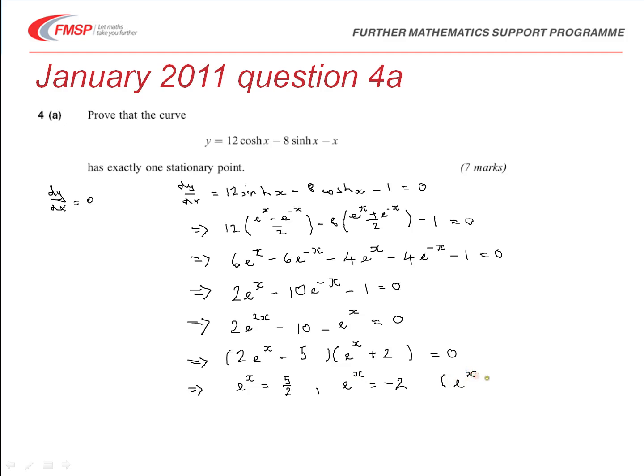You know the shape of the graph, and so this one is not going to give you a solution. It's not possible to be equal to that value. And so we only have one solution, that e to the x equals 5 over 2. So that tells us that x is equal to, well, the inverse of the e function is the natural log, so it's ln of 5 over 2.